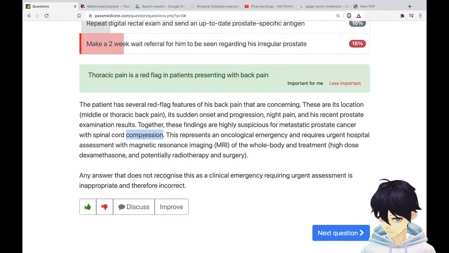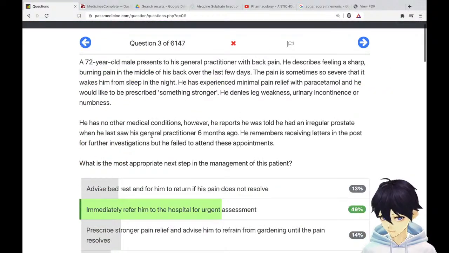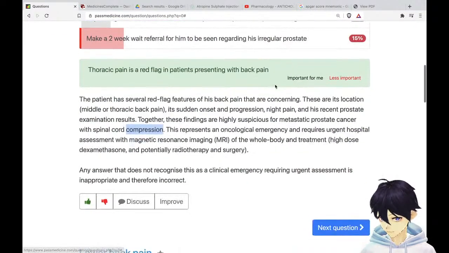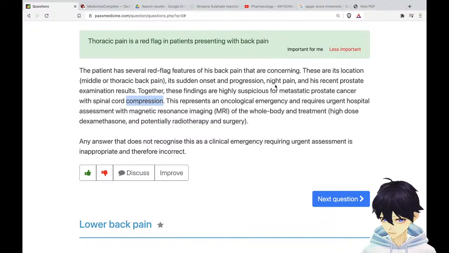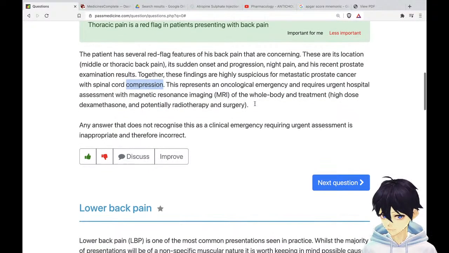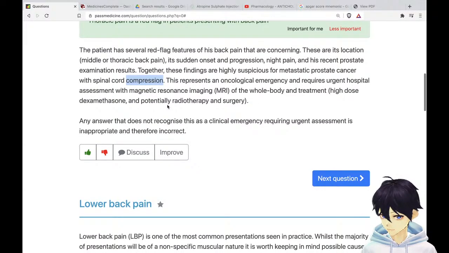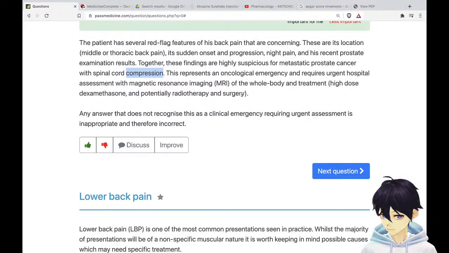Really, spinal cord compression? He denies leg weakness, urinary incontinence or numbness. Where's the sign of spinal cord compression here? This represents an oncological emergency and requires urgent hospital assessment with magnetic resonance imaging of the whole body and treatment.